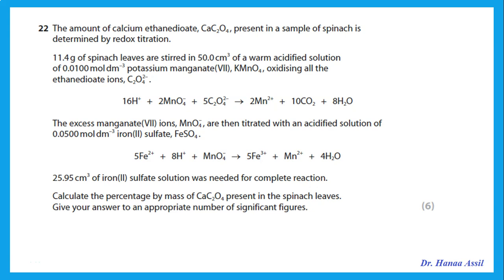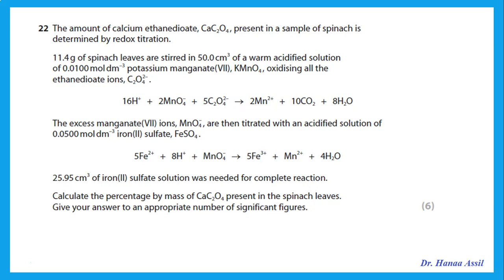The amount of calcium ethanedioate present in a sample of spinach is determined by redox titration. 11.4 grams of spinach leaves are stirred in 50 cm³ of a warm acidified solution of 0.01 mol dm⁻³ potassium permanganate, oxidizing all the ethanedioate ion. Then the excess manganate: we're going to allow the potassium permanganate to react with the ethanedioate.